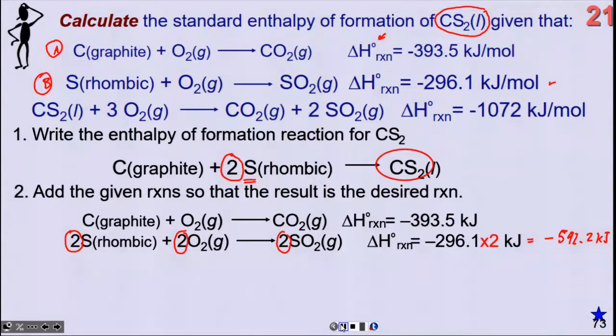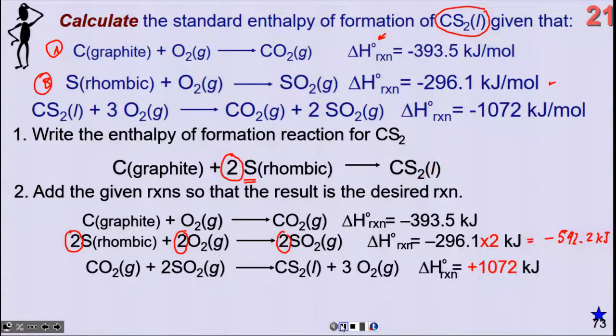Okay, now we need to find CS2 as a liquid in an equation. Well, that would be the third choice, right? And in the third choice, the reaction has CS2 liquid, carbon disulfide liquid, as a reactant. But we're going to switch it around, reverse the process, to put carbon disulfide as a liquid as a product.